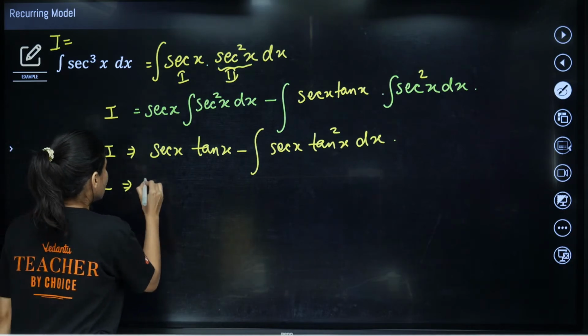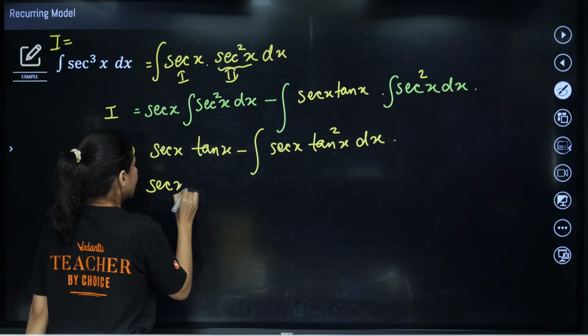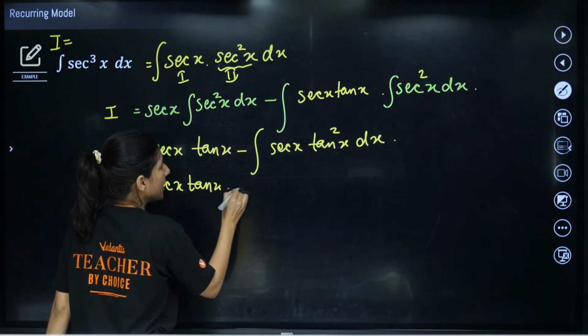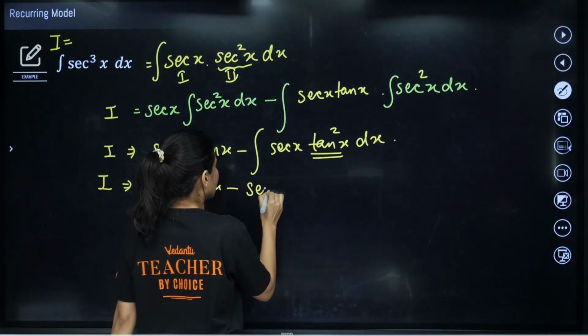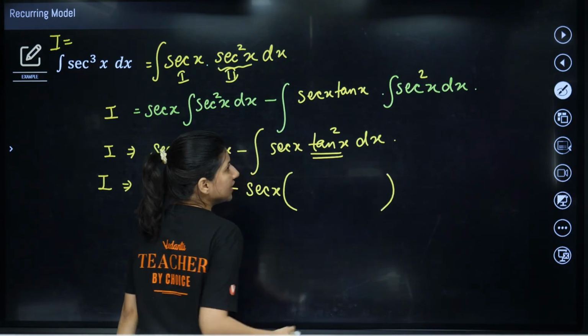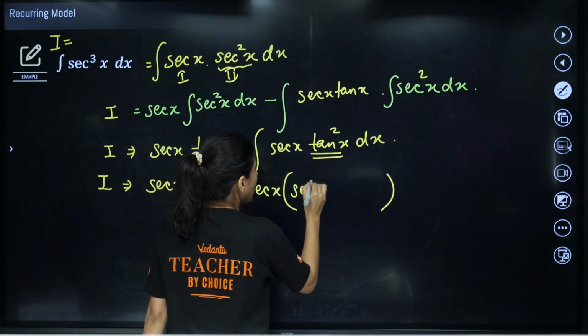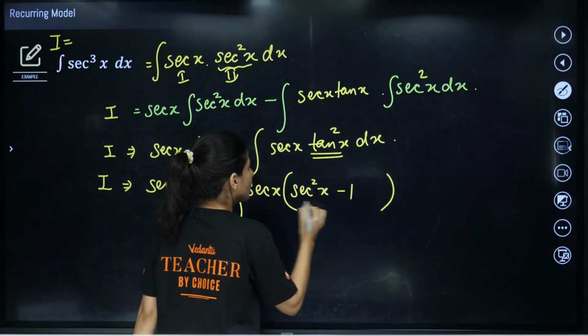Now, this is I equals sec x tan x minus, now what I will be doing is tan square x. Tell me, tan square x will be sec square x minus 1, yes or no?